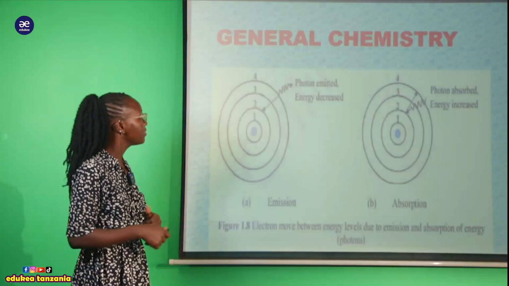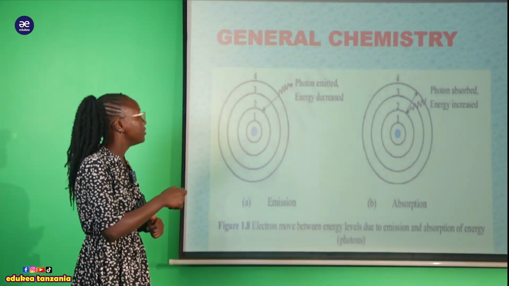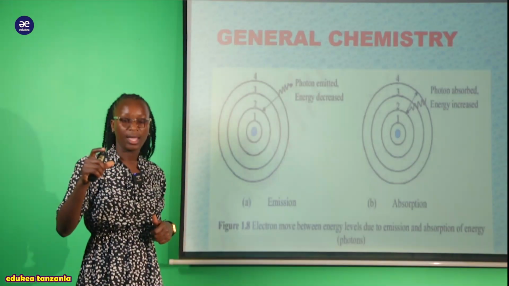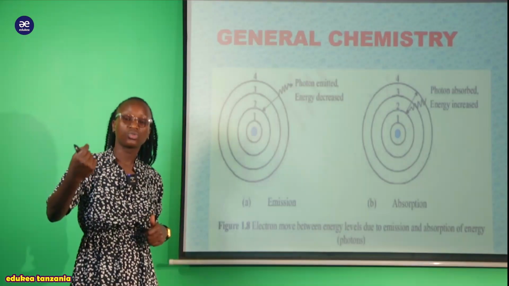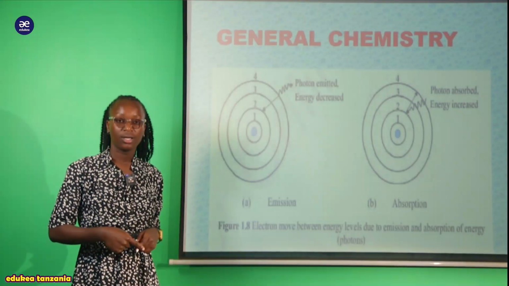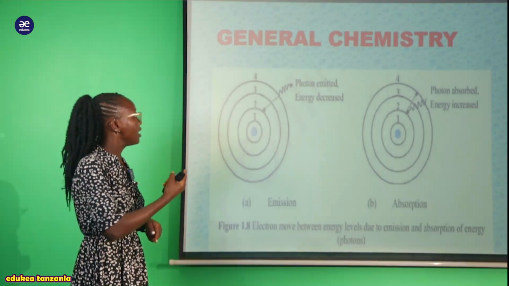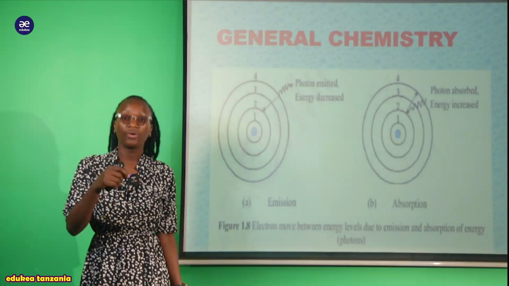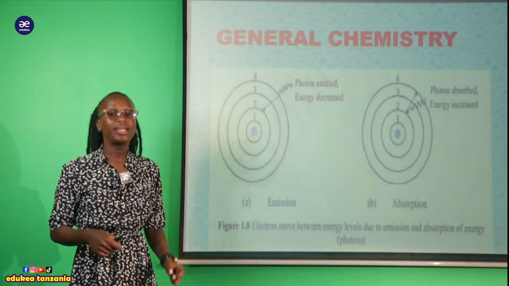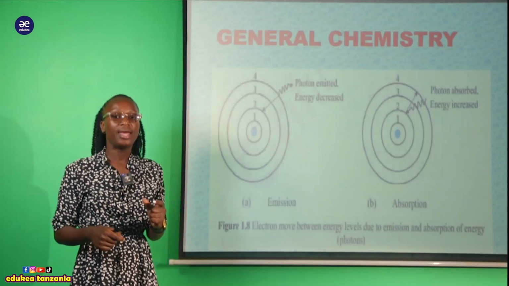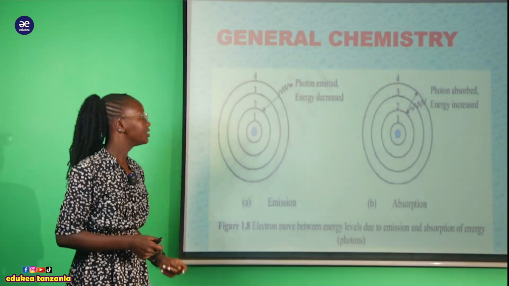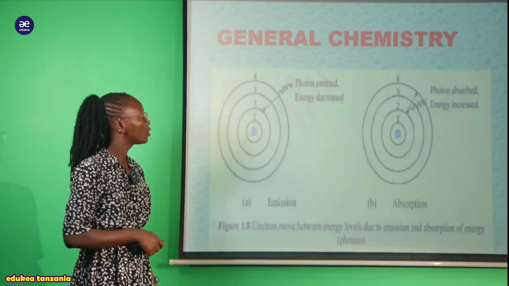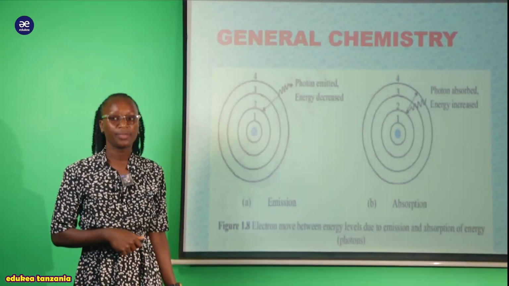Decreasing in energy mean that electron tends to move from the outer to in. Pale ambapo electrons zina move from outer to in, mean that there is a decreasing of energy. And the reaction of light there will be emission. So here the photon is emitted kwenye part A.